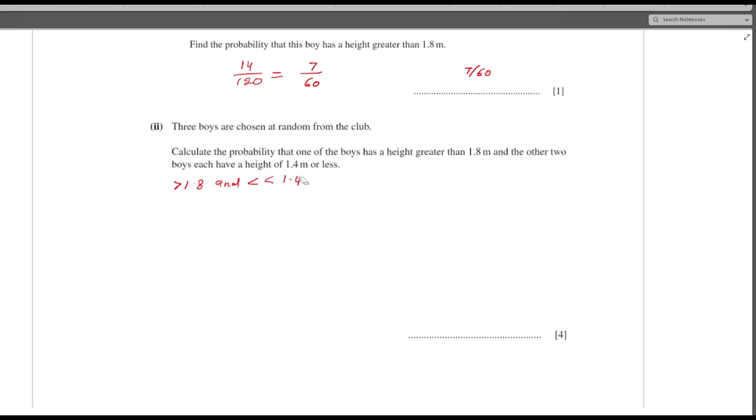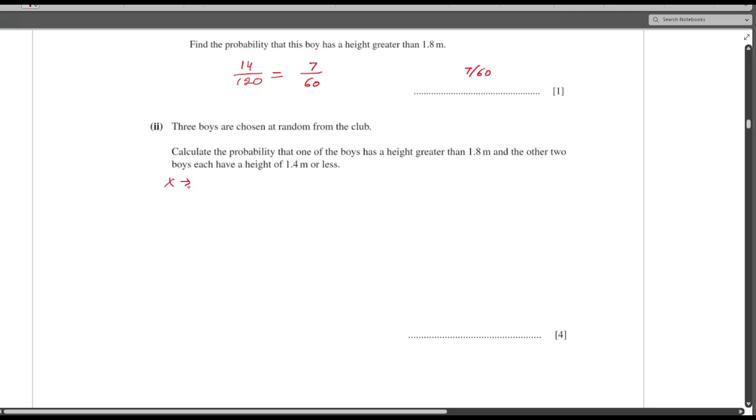Or better, I represent more than 1.8 as x and less than 1.4 as y. So we have to find the probability that one boy has height greater than 1.8.